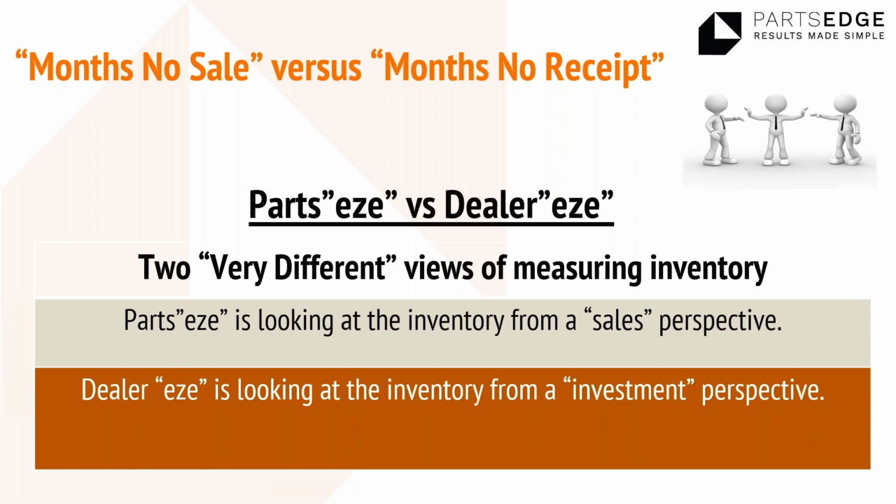They talk in a language that is very foreign to you. In fact, you sit there for a couple hours, you listen, you kind of, yeah, okay, but you're really kind of lost based on their composite book and their measurement of your inventory versus what you're used to looking at. And that is why there's two completely different languages spoken in the dealership environment because of the way we've been taught to analyze inventory.